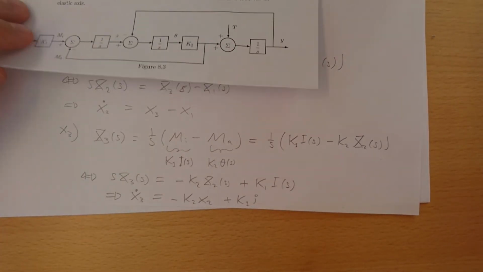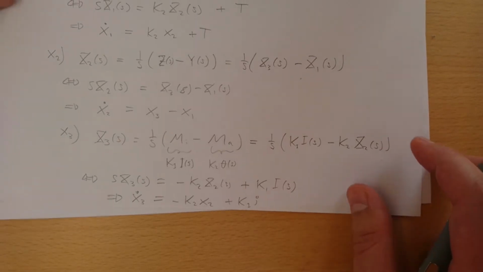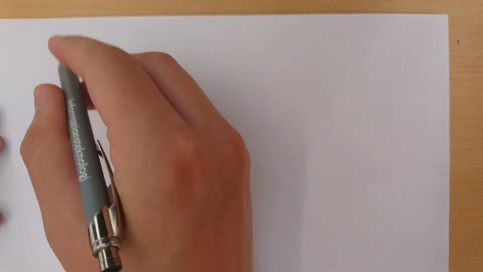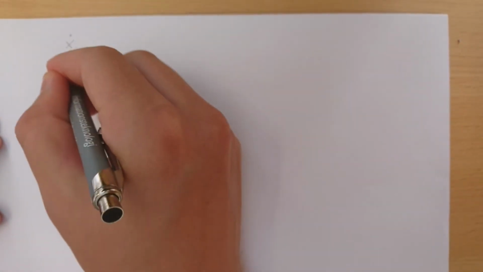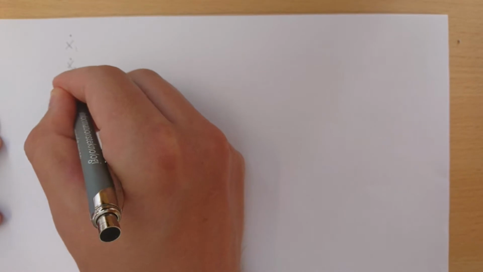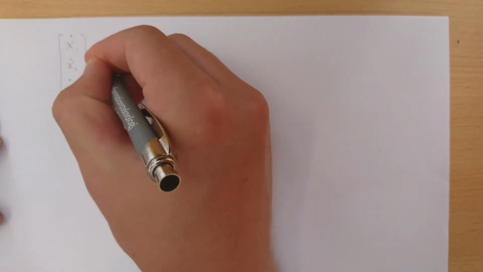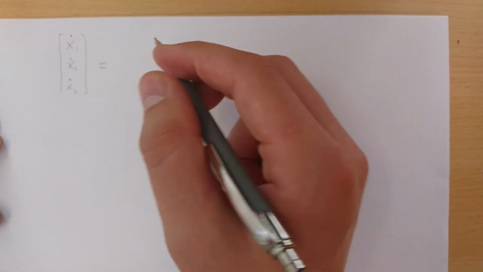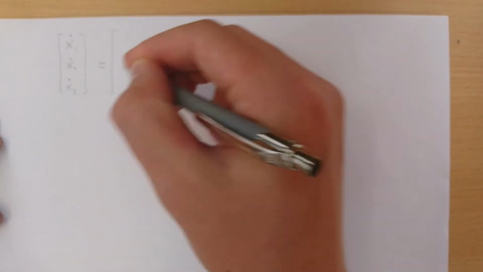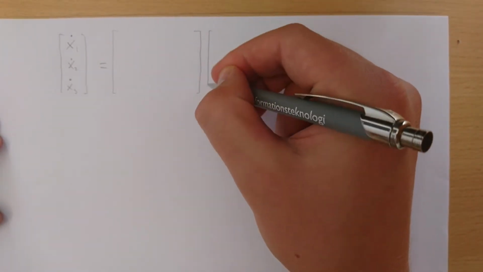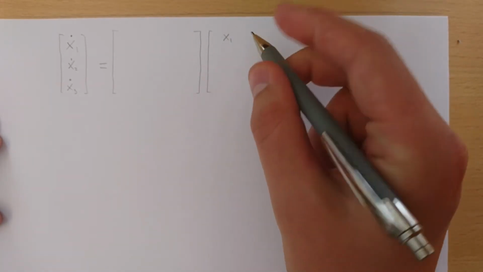So now as we have the relations between the states, we can set up our state space model. So let's write down the vector of time derivatives of the state, so x1 dot, x2 dot, and x3 dot. And in this linear model, this will be equal to a matrix, the A matrix as we call it, times the state vector.